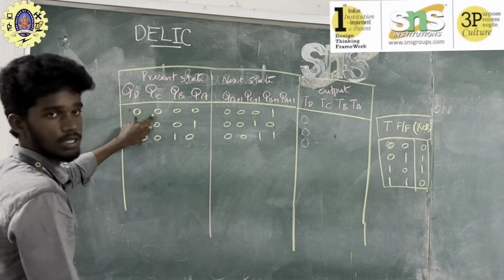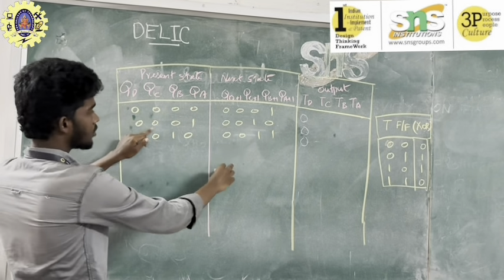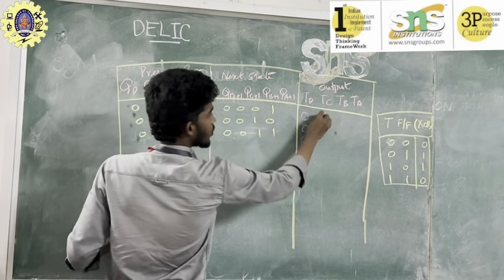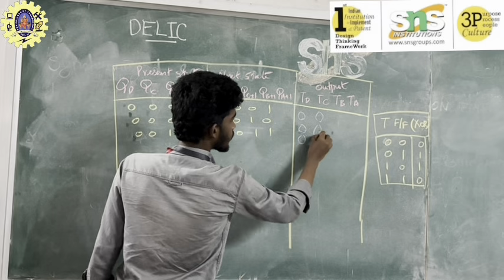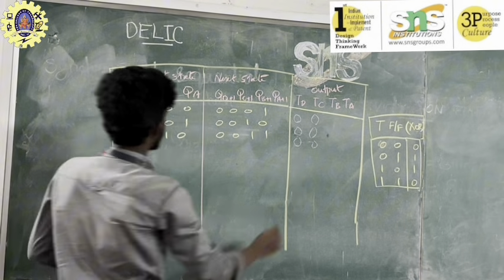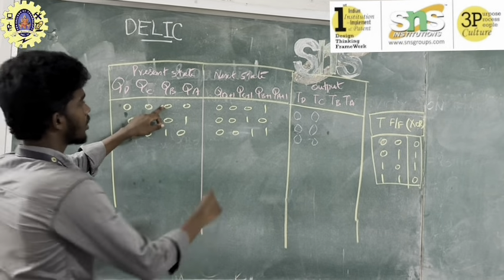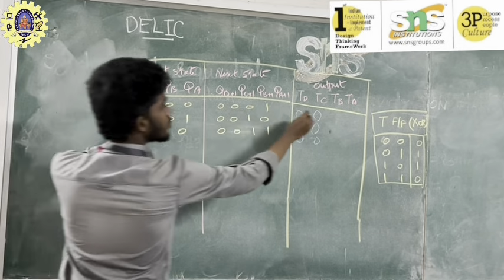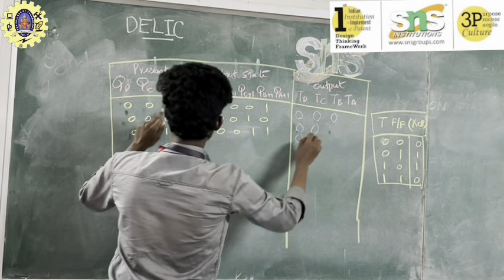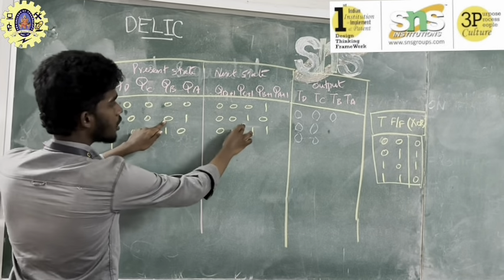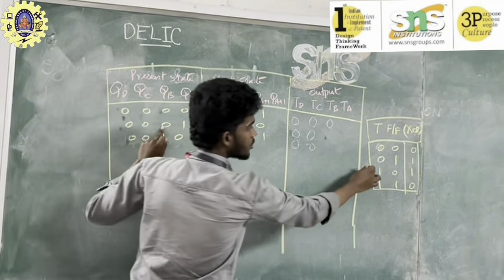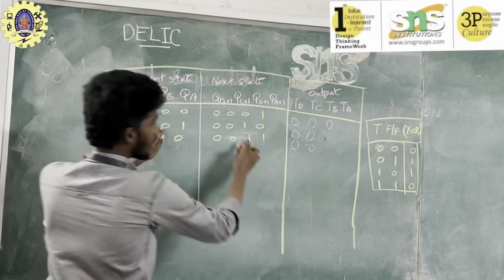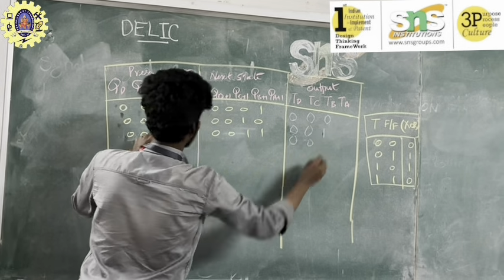In QC, the same, 0 0 0 0. In QB and QB+1, 0 0, and the next value 0 1. In the XOR gate, 0 1 is 1, so we take it as 1.